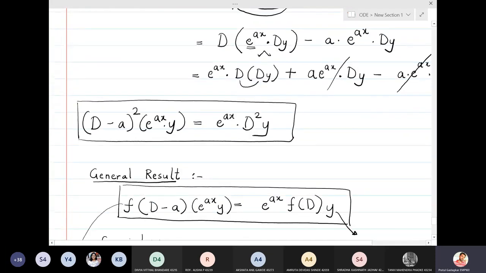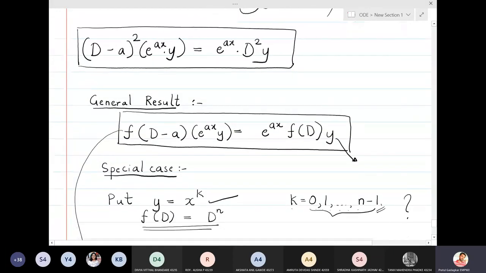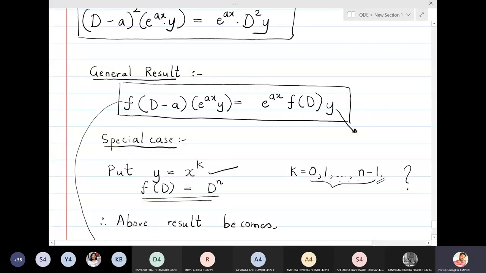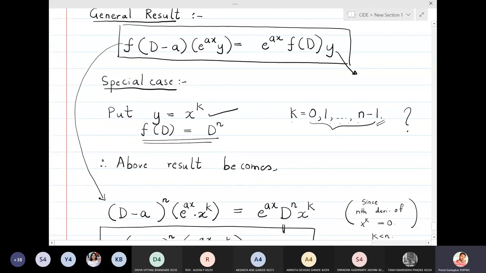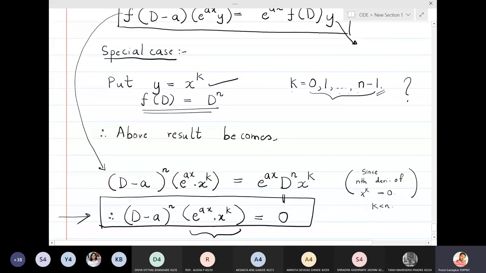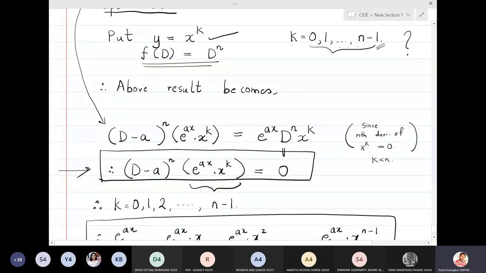I'm going to say f(D) means anything in D, a polynomial in D, which is this general result. Now when I take the special case, I'm taking y equal to x raised to k and f(D) I'm taking D raised to n. Just replace those quantities in the above result. You will get this, and then I understand that the nth derivative of x raised to k is 0. So this result is giving me that (D minus a) raised to n applied on e raised to ax x raised to k is 0.